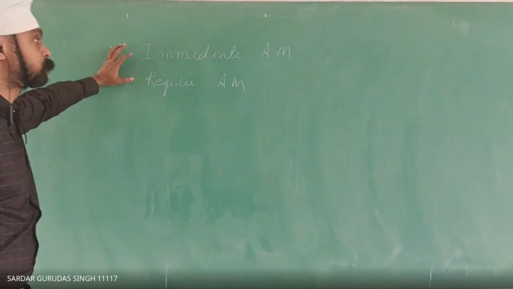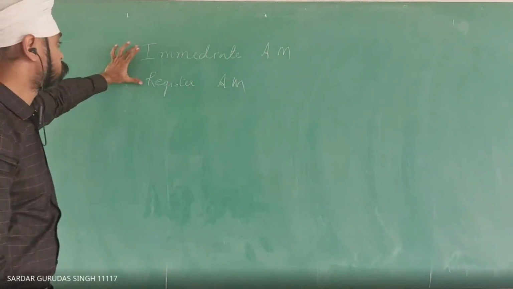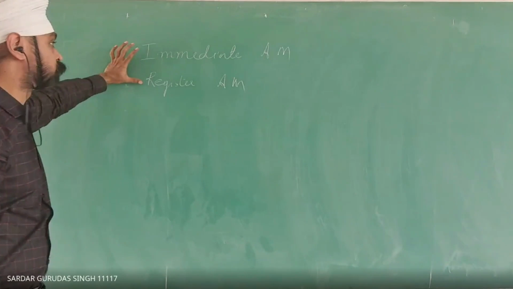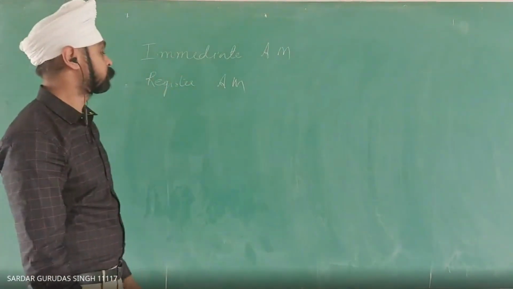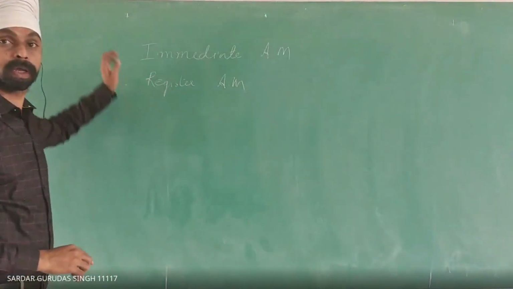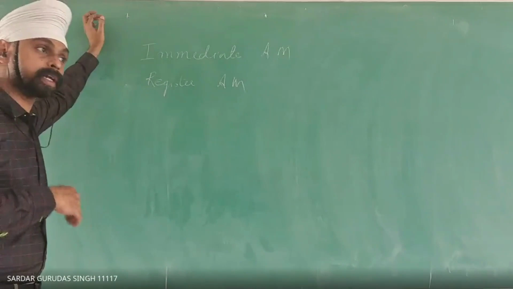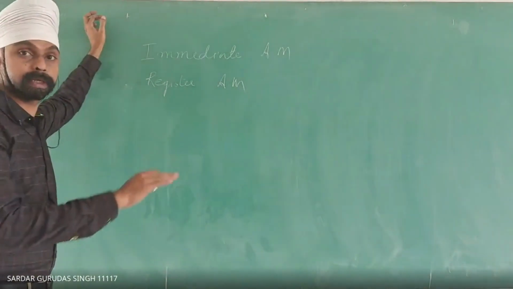So these two addressing modes are used in the situation where the operand is located in a register, or if you want to send the operand into the register.